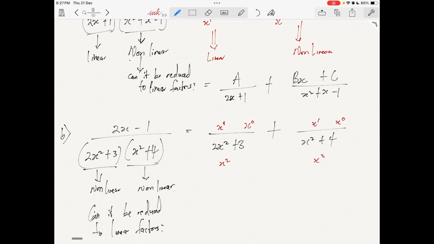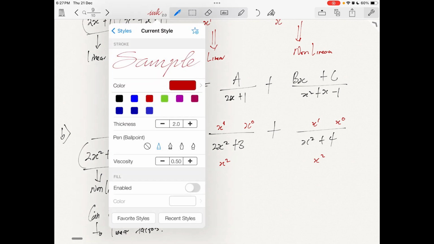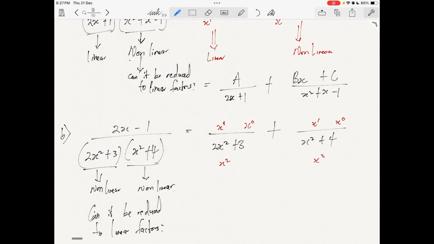All we have to do is start with the letters a, b, c, and d, with plus signs. So at the end we have ax plus b, because x raised to power 0 is 1, divided by 2x squared plus 3, plus cx plus d over x squared plus 4.